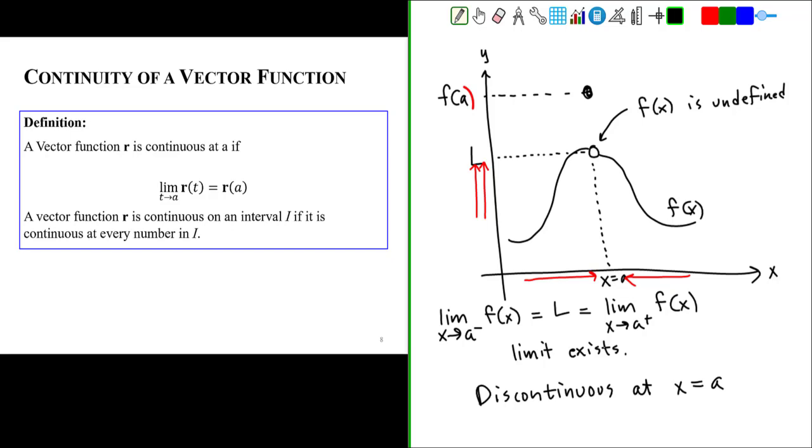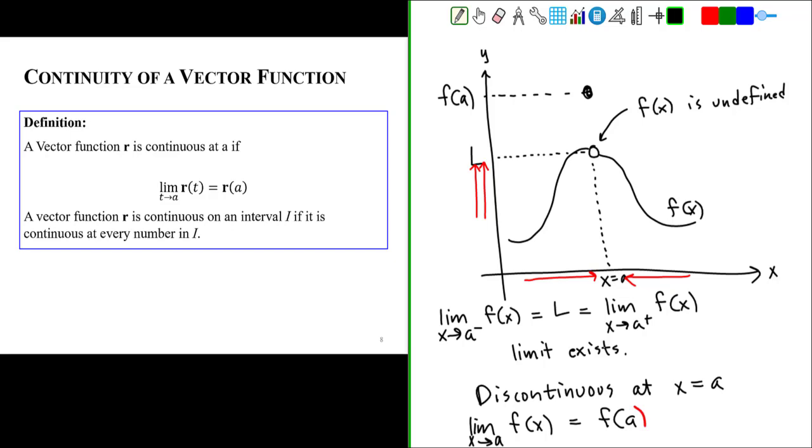This is still discontinuous because for a function to be continuous, the limit as your parameter approaches a certain value, the limit of your function has to be equal to the value of your function at that point.